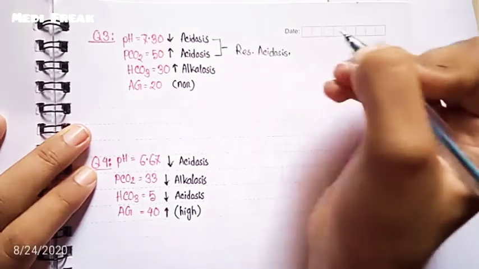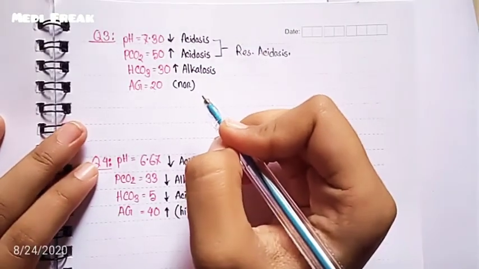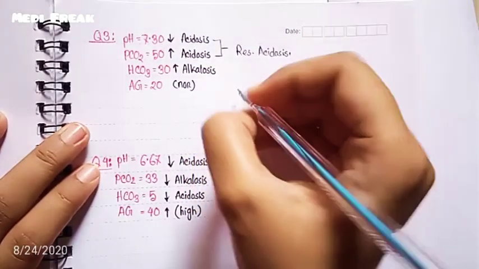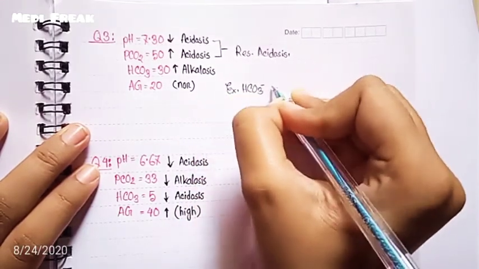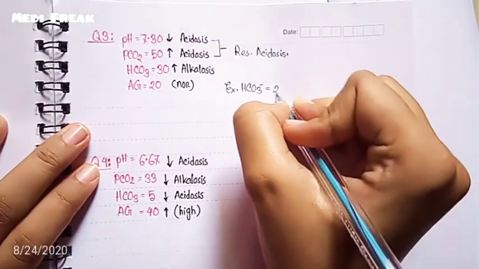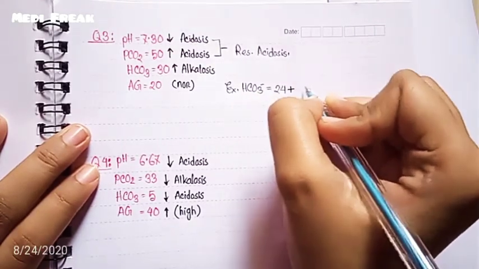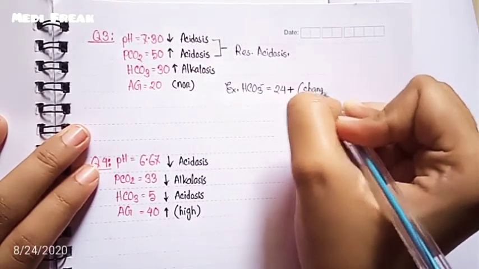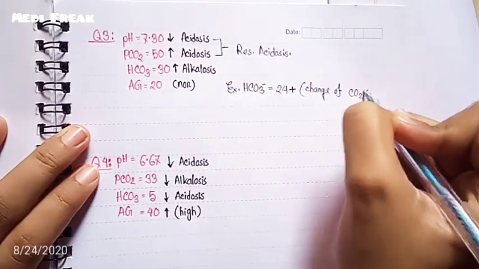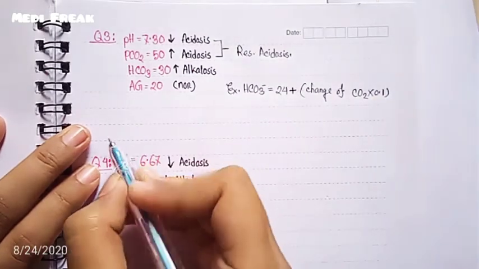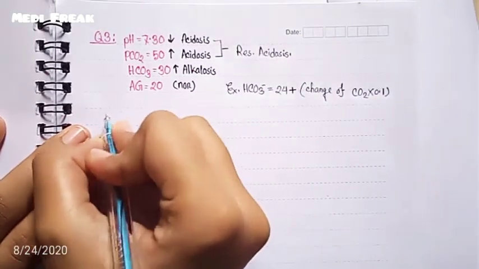Okay, so we need to calculate the expected bicarbonate. We know the formula. Expected bicarbonate is equal to 24 plus change of carbon dioxide into 0.1. So what is the change of carbon dioxide?